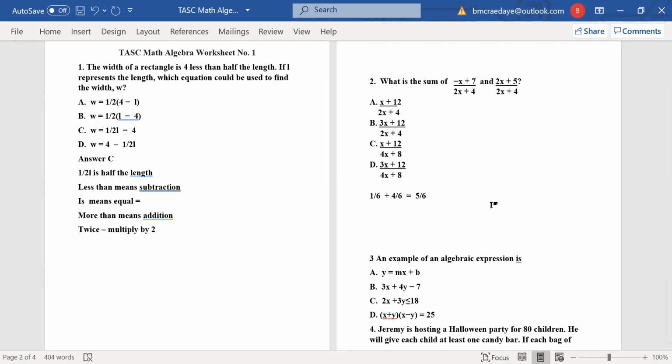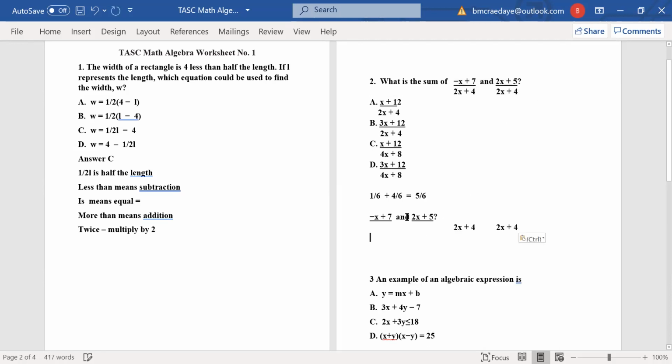Negative x plus 7 plus 2x plus 5. So you're going to use a plus because the "and" means to add.